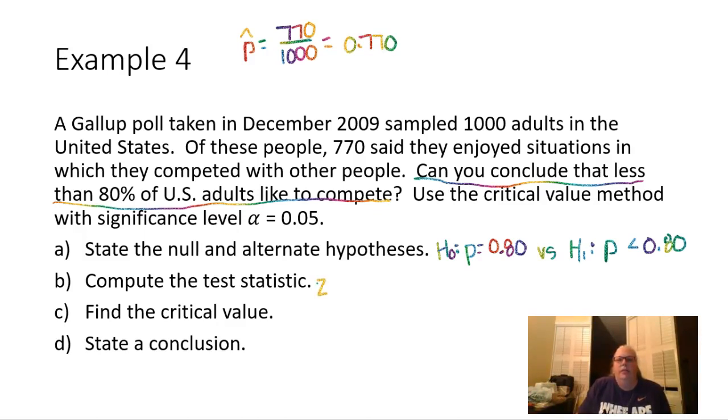All right, our test statistic is going to be equal to our p hat, 0.77, minus our p0, which we can find conveniently in the null hypothesis here, divided by the square root of p0 times 1 minus p0, divided by n, and we want to be sure and square root all of this down here.